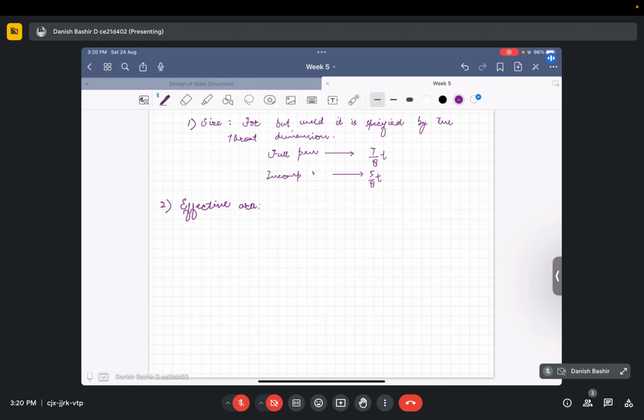Okay, so effective area for a butt weld is nothing but the product of the effective throat thickness and the effective length of the butt weld.